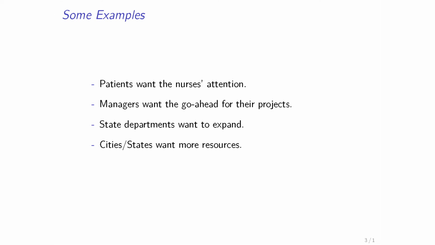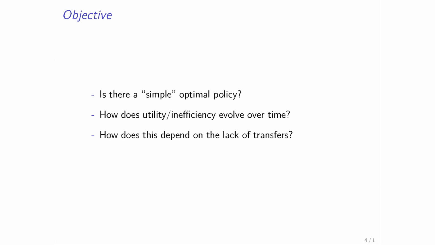Now, we have three main questions. The first one: is there a simple optimal policy we can solve for in this kind of environment? Secondly, how do the agent's utility and the principal's payoff evolve over time? Our principal is a social planner, so his payoff is also the efficiency of this relationship.